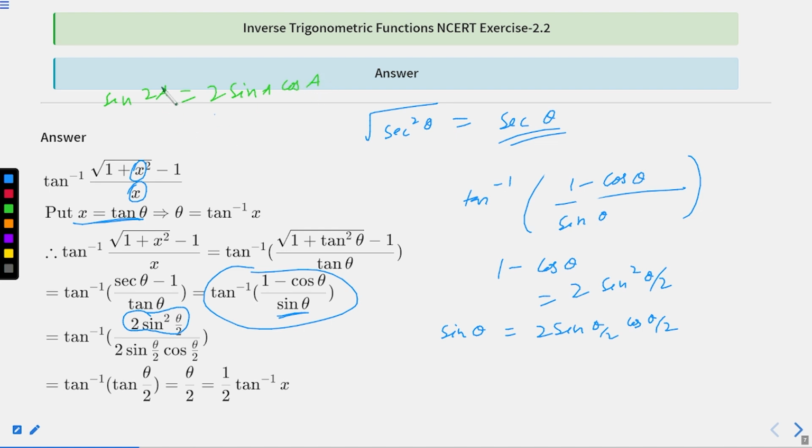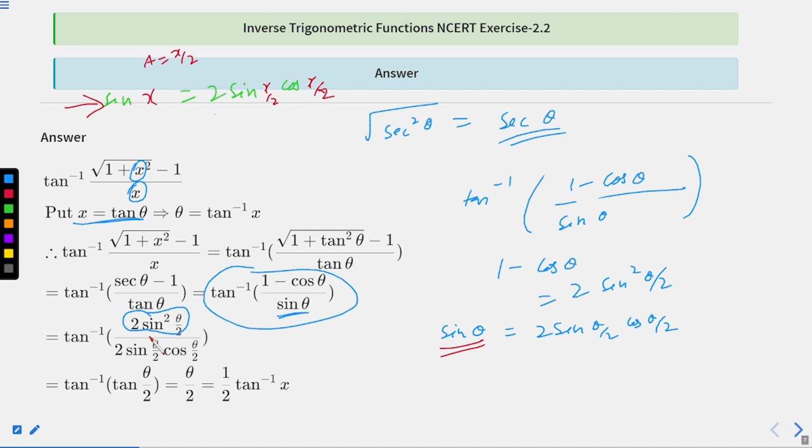If I put a equal to x by 2, then 2a is already there, and you will get sin x, and here x by 2, and here also x by 2. So that's why we wrote sin theta, or sin x, you can name it, as 2 sin theta by 2 cos theta by 2, as you can see here.